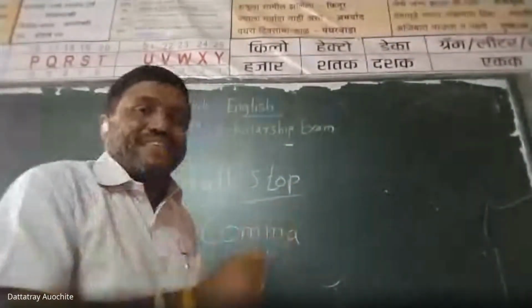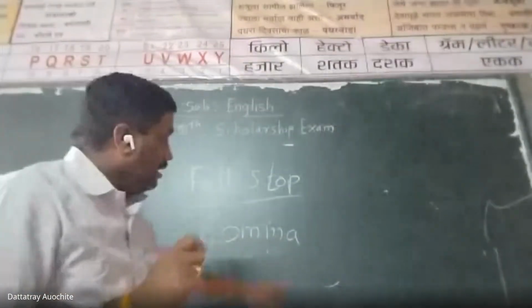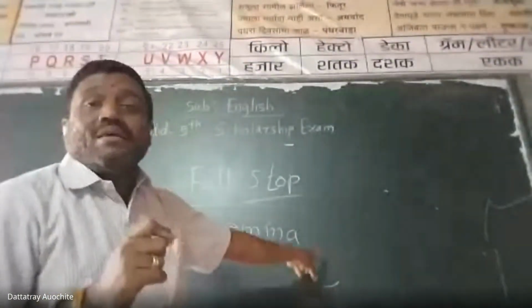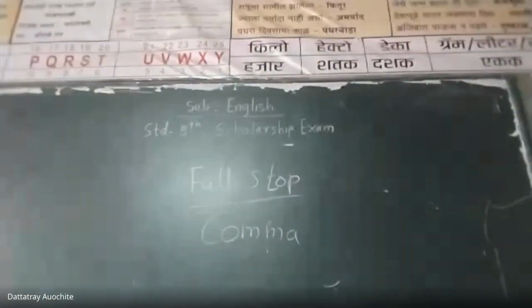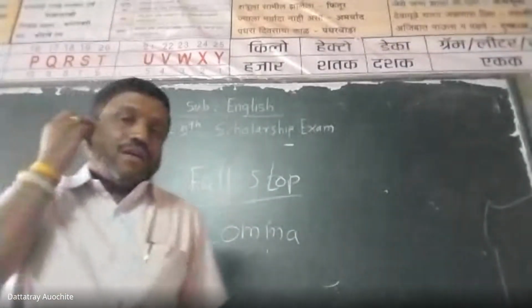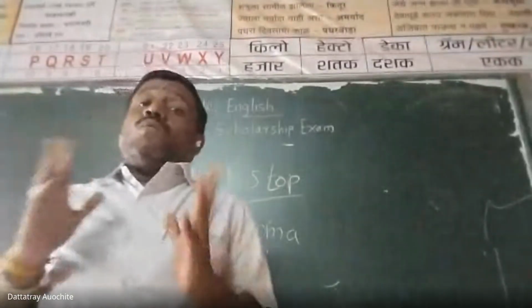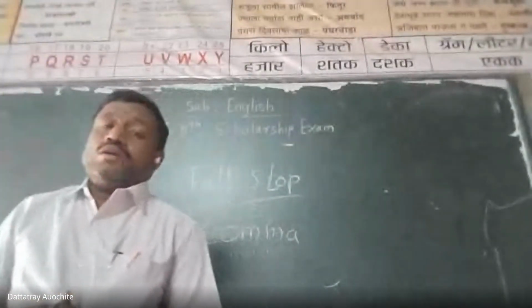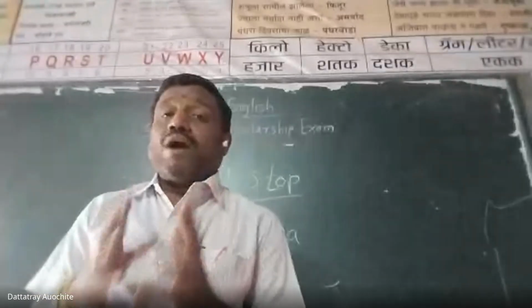If we need some break there, then these breaks are shown by this punctuation mark, comma. Have you understood? What are the occasions, what are the circumstances in which comma should be used?